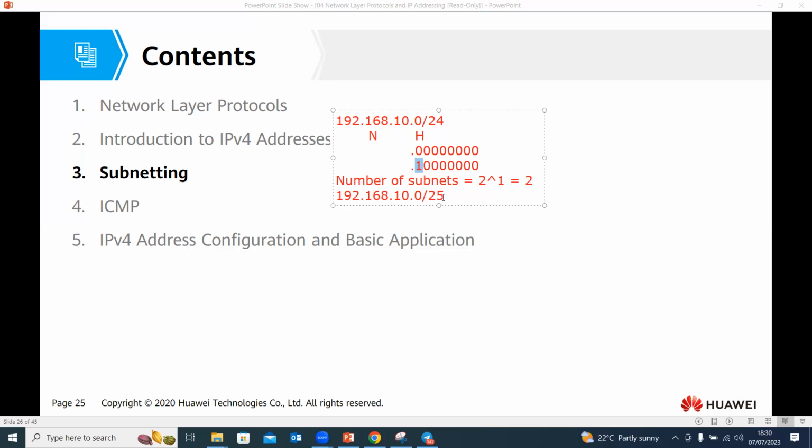So from 24 to 25 now. Guys, are we together? Yes, we are together. So meaning this is my subnet 1. This is the first subnet, or network 1. If it's a department, we can call it now department.